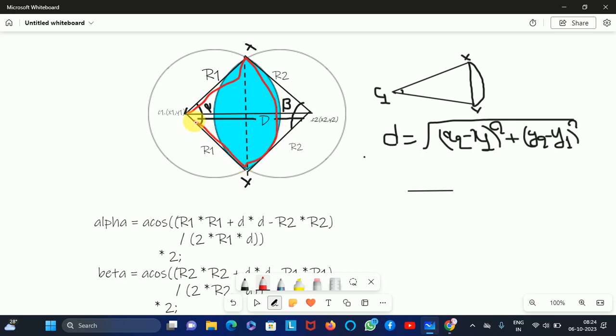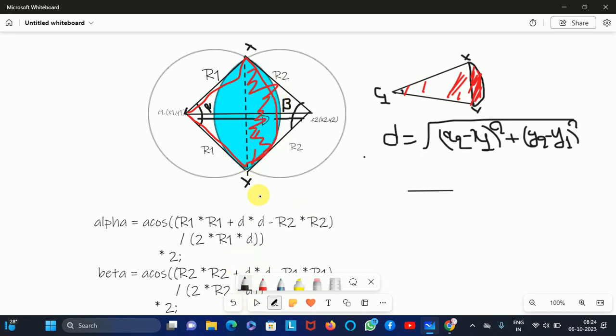The same is drawn here. First we will calculate the area of this sector, the whole shaded region, and then find the area of the triangle c1, x and y, and subtract the value of this triangle area from the sector. Then we find the area of this region.